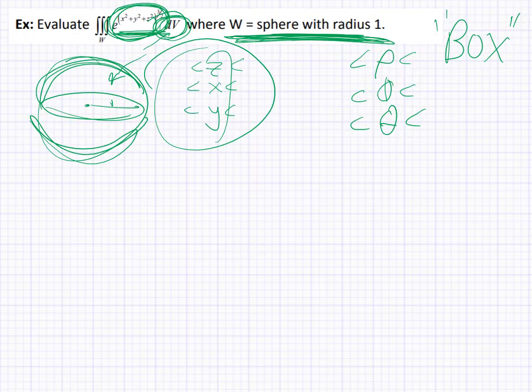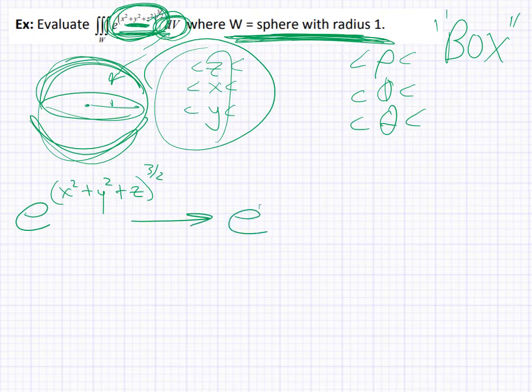Well, those two things are probably the easiest because you just use your formulas. So x squared plus y squared plus z squared equals rho squared. So this e to the (x squared plus y squared plus z squared) to the 3/2 as a function converts over to e to the (rho squared) to the 3/2. Well, power to a power is basically what this is. I would multiply those, so I would just get e to the rho cubed.